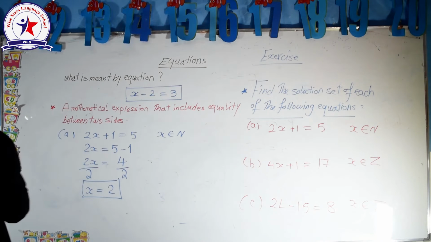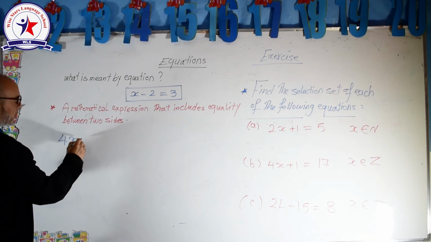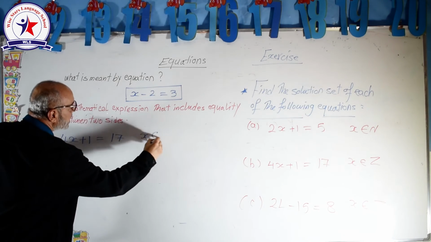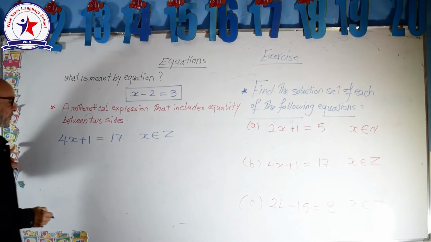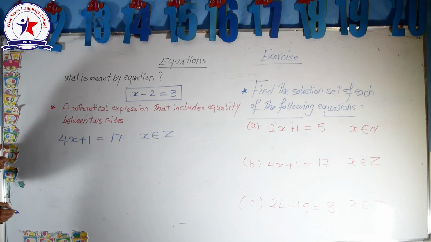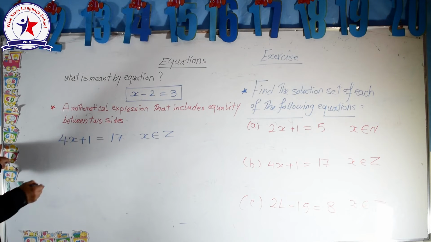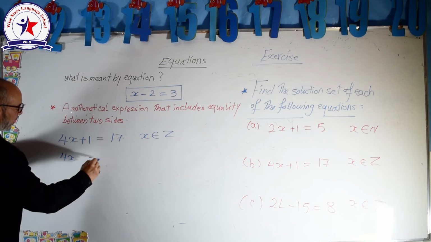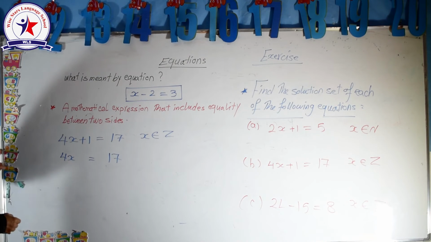Let's have the other one: 4x plus 1 equals 17, and x belongs to Z. First, who can tell me what Z means? Yes, Z includes the natural numbers plus the negative numbers. 4x equals... who can complete?